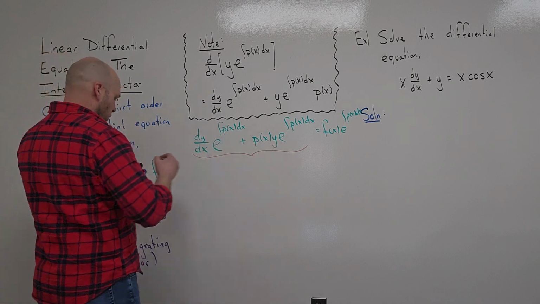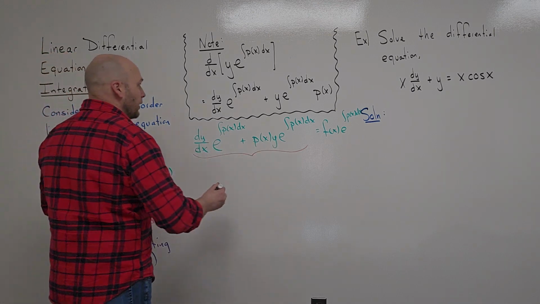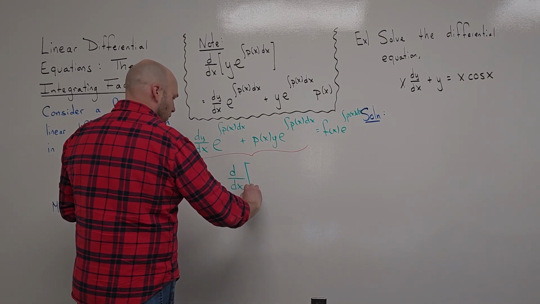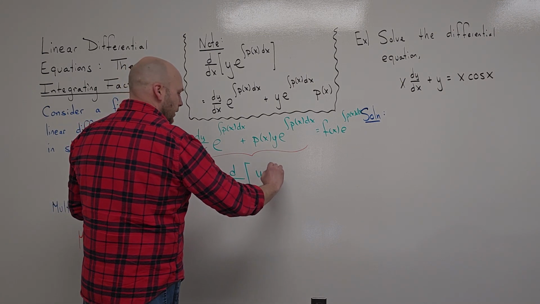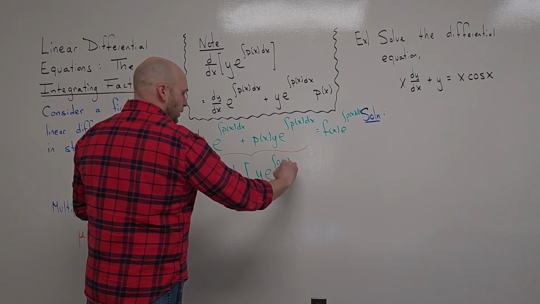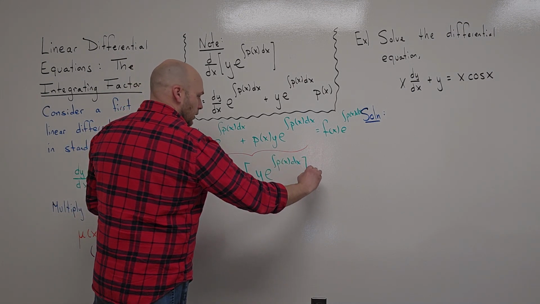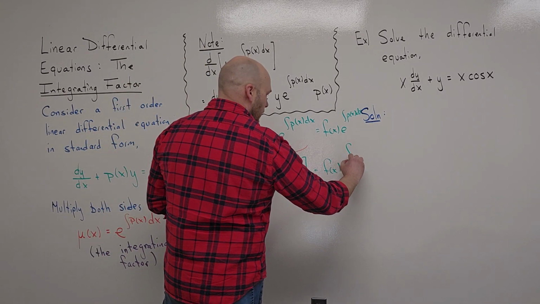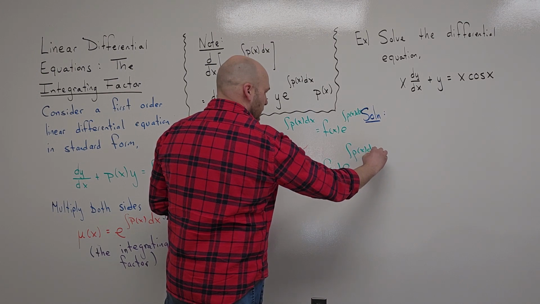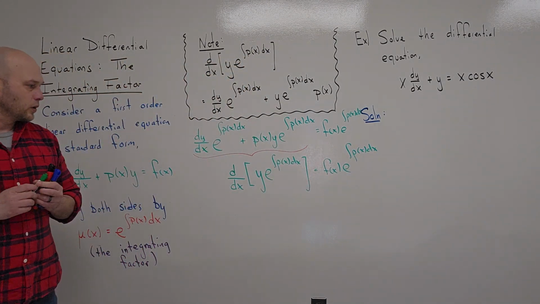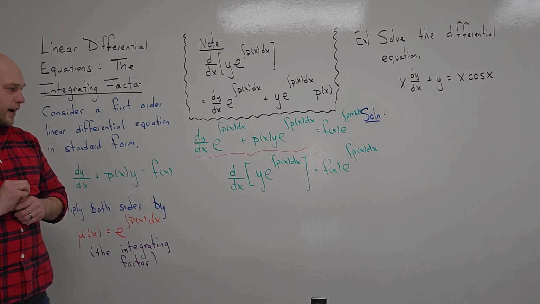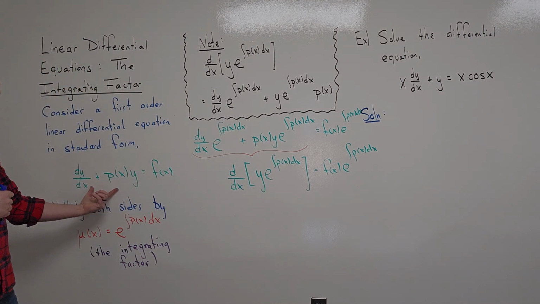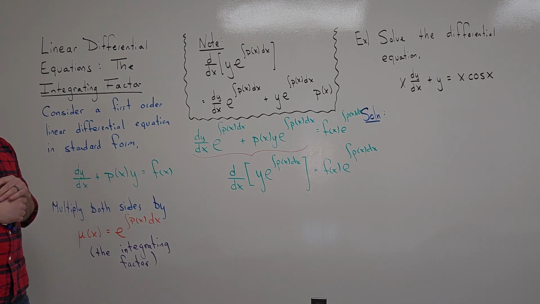So these two terms are equivalent to the derivative of y e to the antiderivative of p of x dx, and the other side would be f of x e to the integral of p of x dx. This is what the integrating factor does: it allows me to write the left-hand side as the derivative of a product.